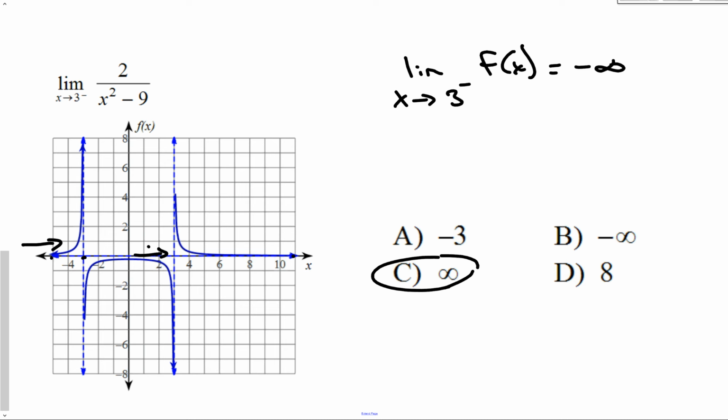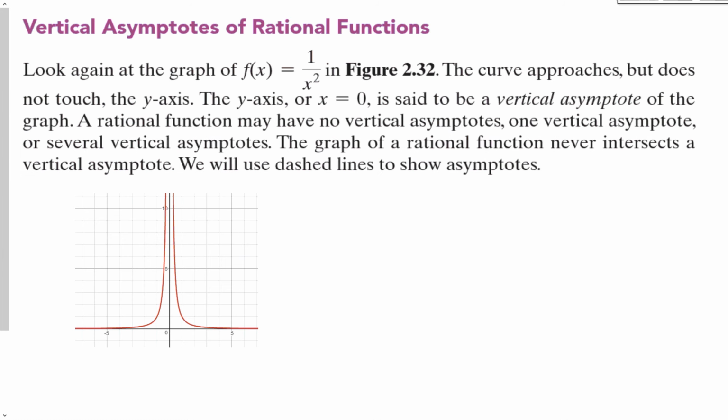Hopefully you see how limit notation works, and let's get into figuring out how these things work. Vertical asymptotes of rational functions. If we look again at the graph of f of x equals 1 over x squared, the curve approaches but does not touch the axis.